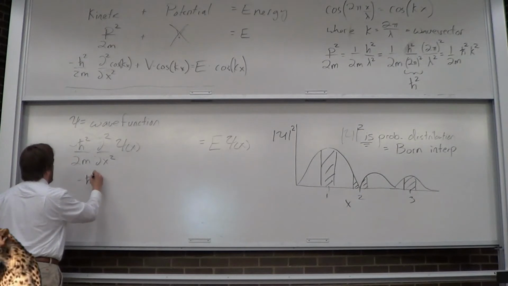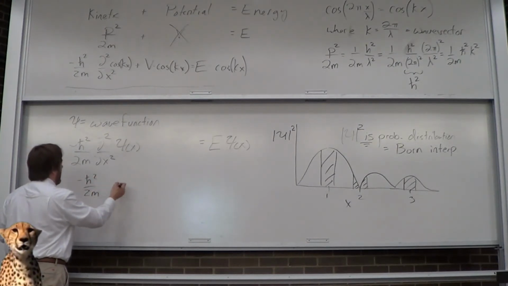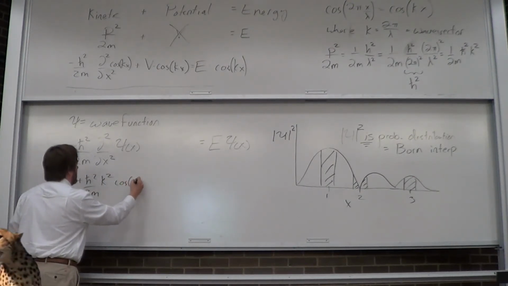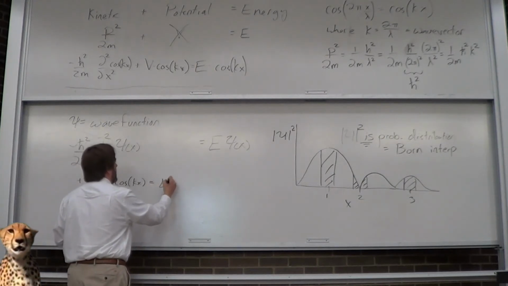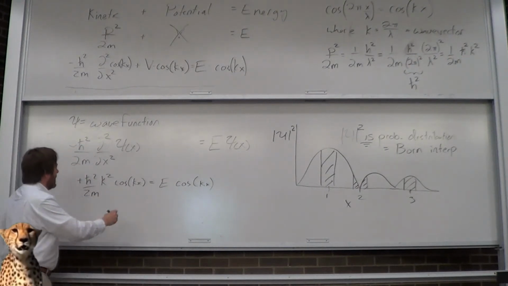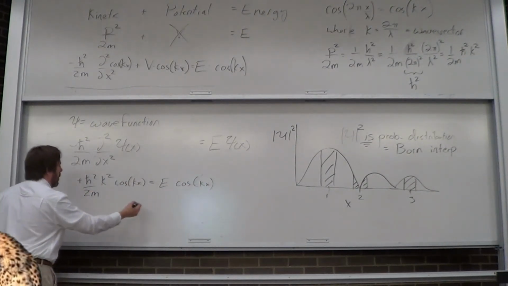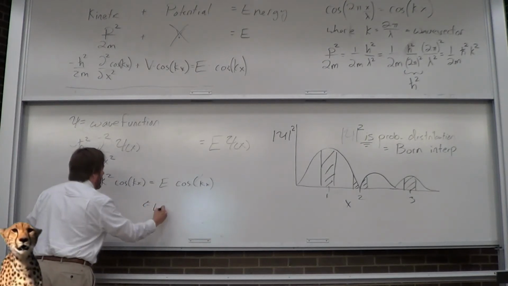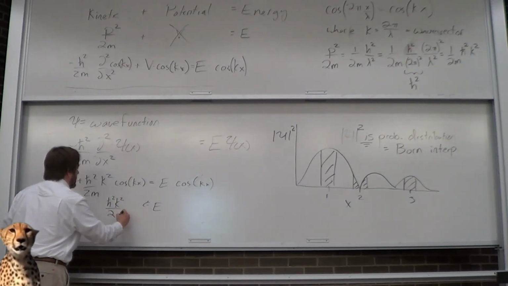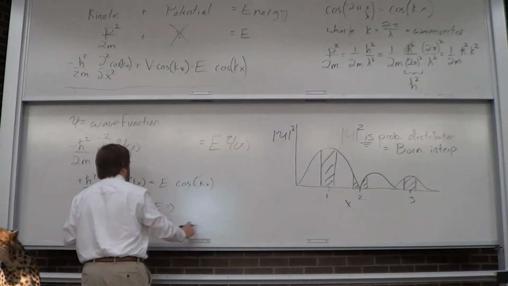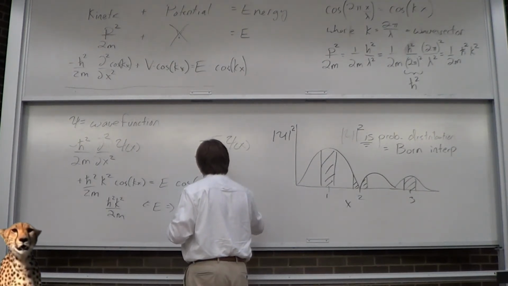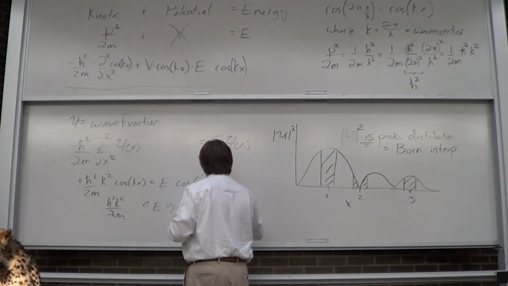Let's plug it in. Let's see what happens. If I do the double derivative, I'm going to end up with k squared cosine kx. You see that? And therefore, E is equal to h bar squared k squared over 2m, and therefore, k is the square root of 2mE over h bar squared.